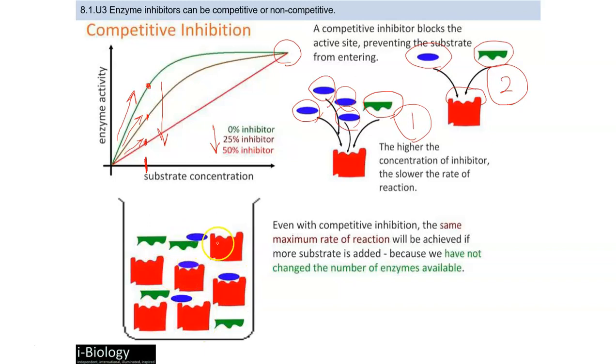The only thing is, when there are more inhibitors, if we increase the number of substrates, then the competition between the substrate and inhibitor will increase, because this is competitive inhibition. So in competitive inhibition, if we increase the substrate, then we can get more chance of attaching the substrate to the active site.